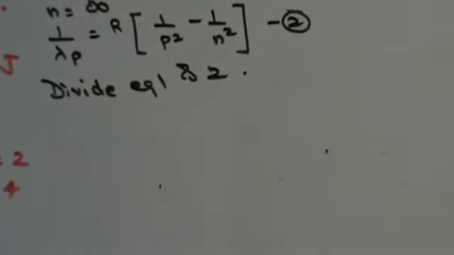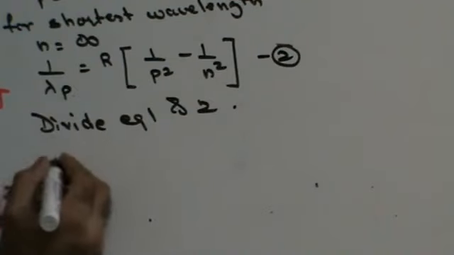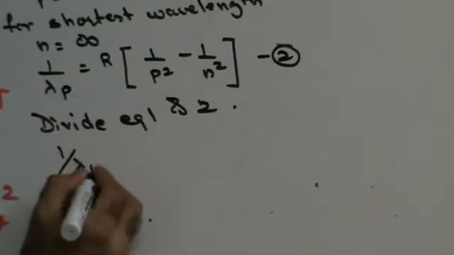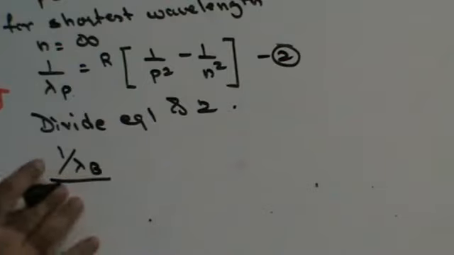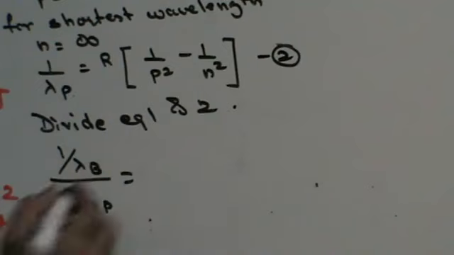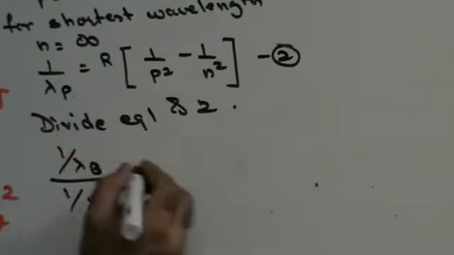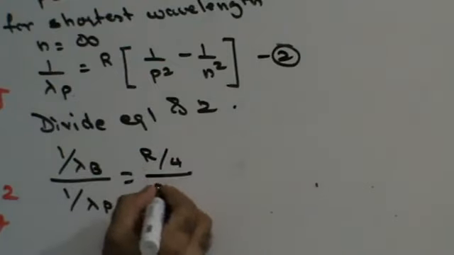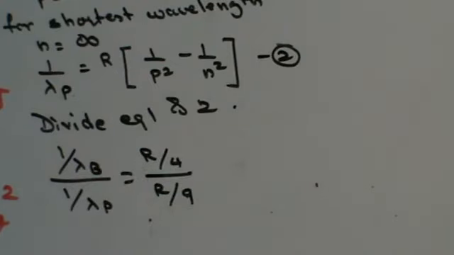Both the answers you would have got in the form of R. So you will get 1 upon lambda Balmer upon 1 upon lambda Paschen is going to be equal to R upon 4 divided by R upon 9. So you should be able to get the ratio of Balmer to Paschen series. Just reciprocate and you will get your answer. Next, take the next one please.